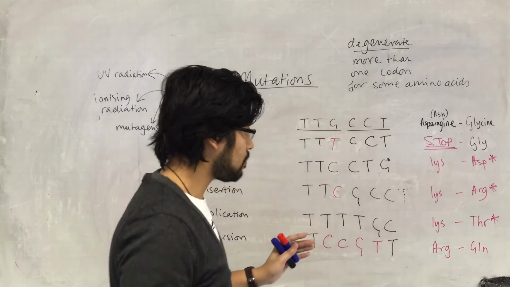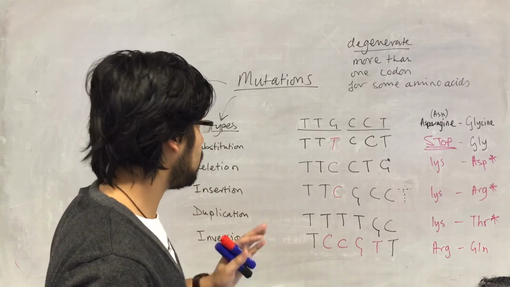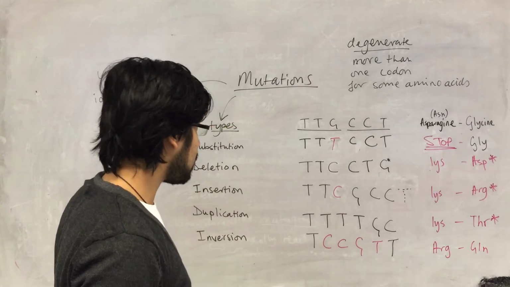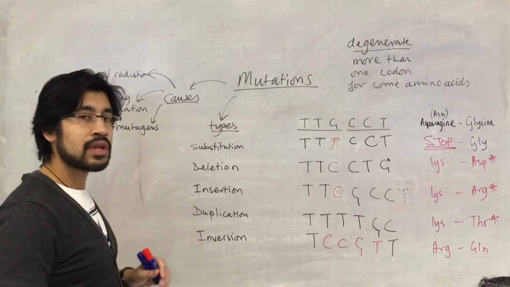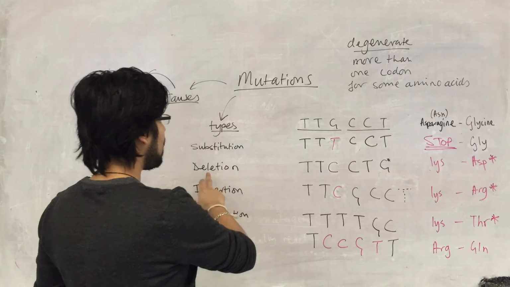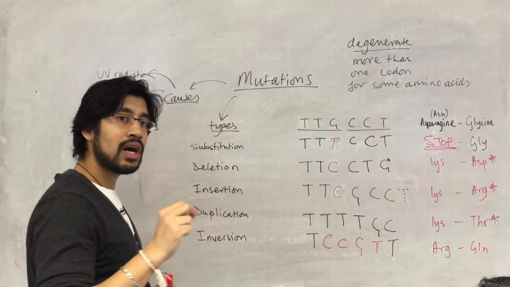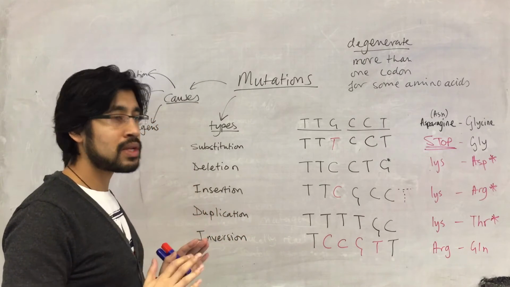So that is huge. That can cause big changes in the protein structure. There is one caveat to that. There's one situation where that doesn't happen, and that is whenever the deletion, insertion, or duplication is a multiple of 3, the effect is not so dramatic.